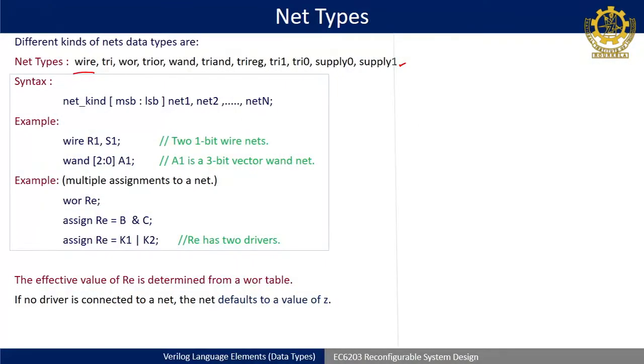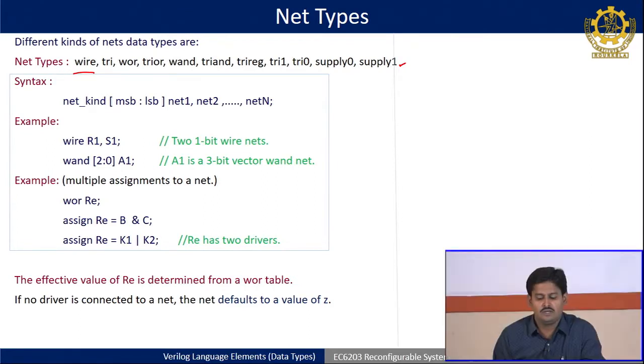Similarly trior, wand, triand, trireg, tri1, tri0, supply0, supply1. So these are the different data types apart from wire supported in the Verilog language. We will go into detail today with net types first. If time permits, we will continue with register type.